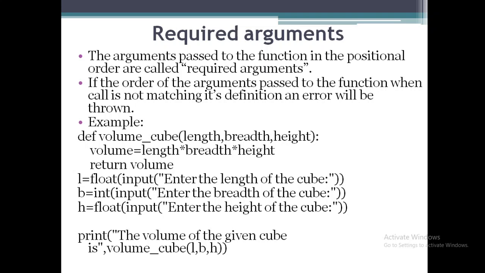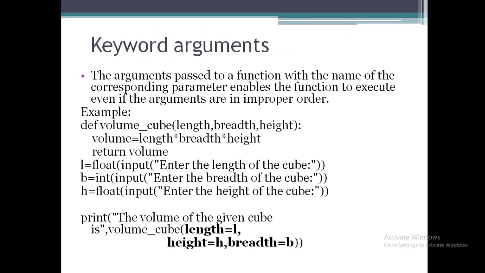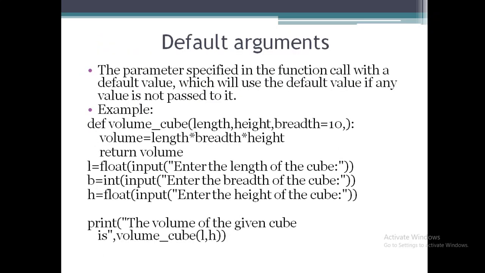Now, even though you are missing one or two arguments in the function, Python provides a scheme to handle it and to continue the execution of the program, right? How can you do this? By using default arguments.